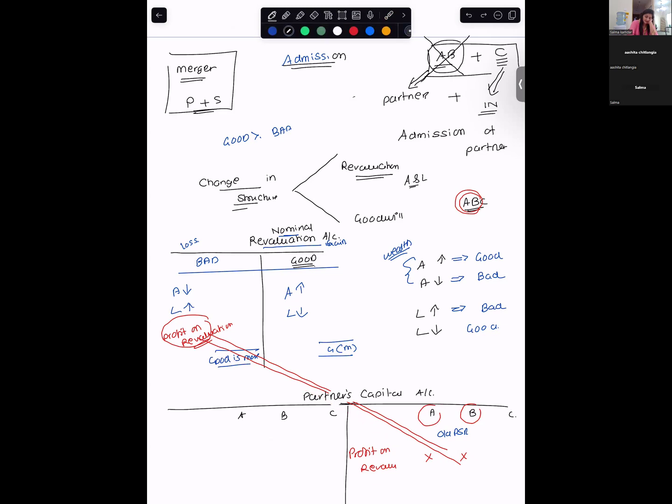If it was a loss on revaluation, then it will be transferred to the partners capital account on the debit side.